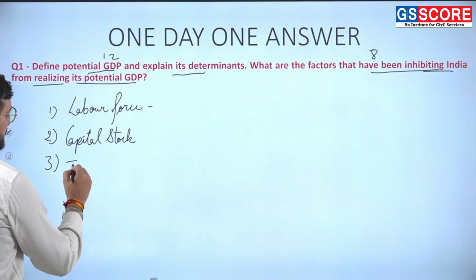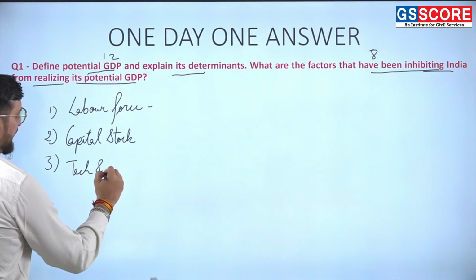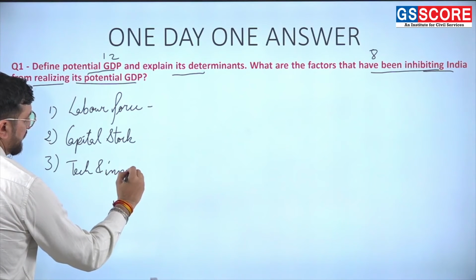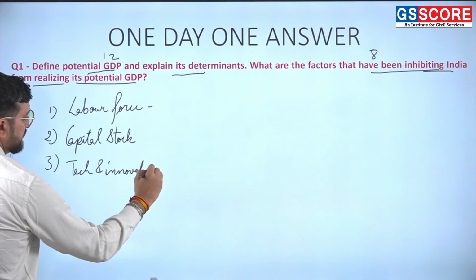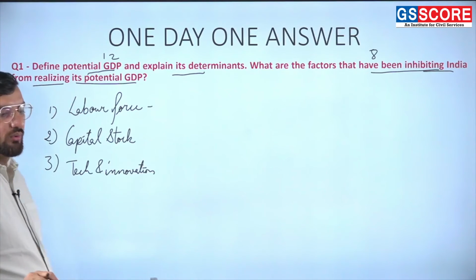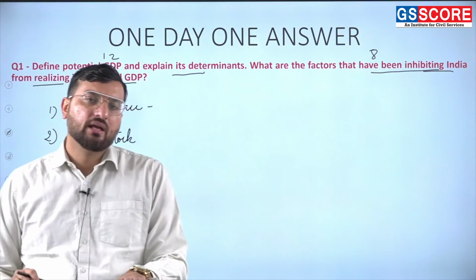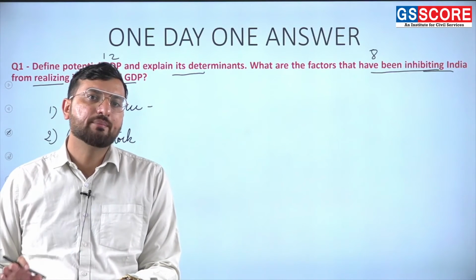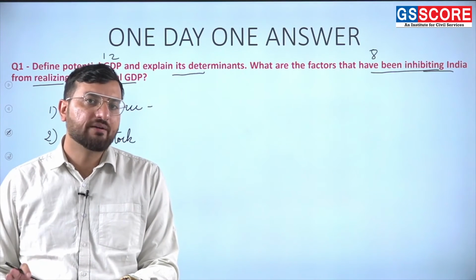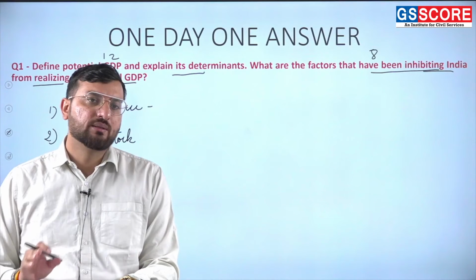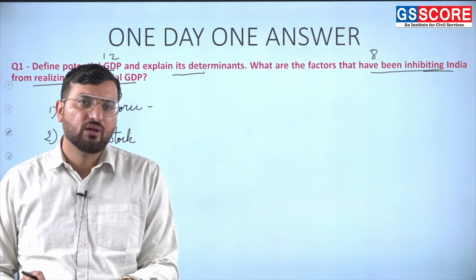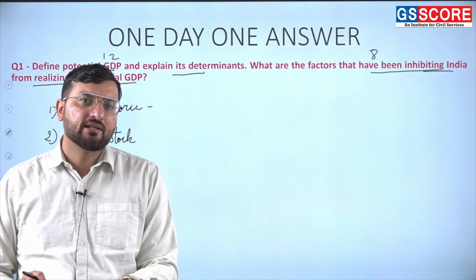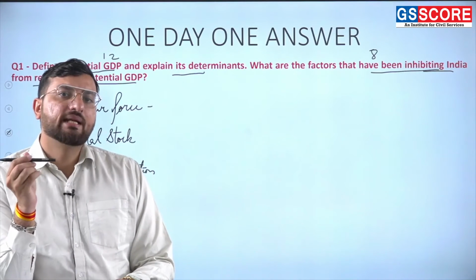Next is technology and innovation. If we are able to improve our output with the same amount of input or raw material, suppose I had 10 kg of raw material and I am able to make 80 pens.